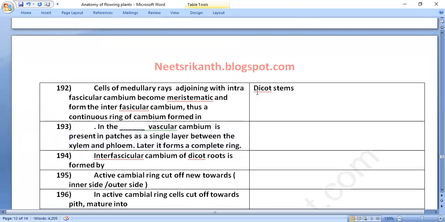In the dicot stem, vascular cambium is present in patches as a single layer between the xylem and phloem. Later, it forms a complete ring. It is possible in a young stem. Interfascicular cambium of the dicot stem is formed by cells of medullary rays.